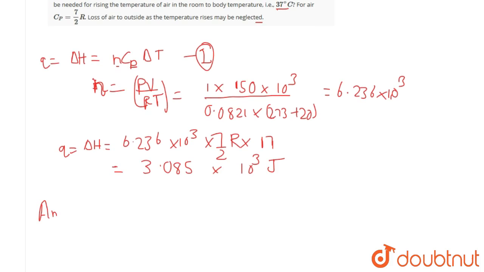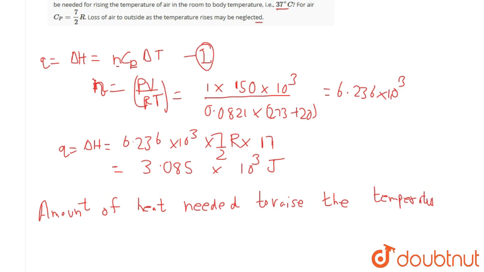So the amount of heat needed to raise the temperature from 20 degrees Celsius to 37 degrees Celsius is 3.085 into 10⁻⁶.